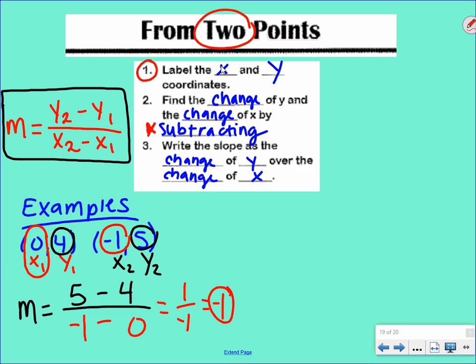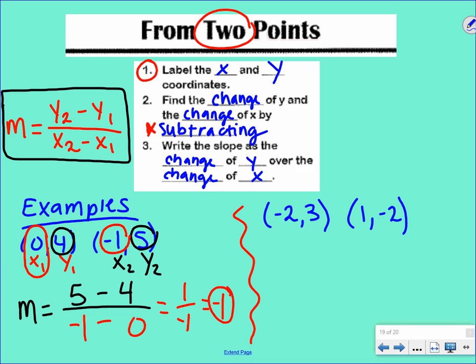All right, one more example for you guys. We have (-2, 3) and (1, -2).